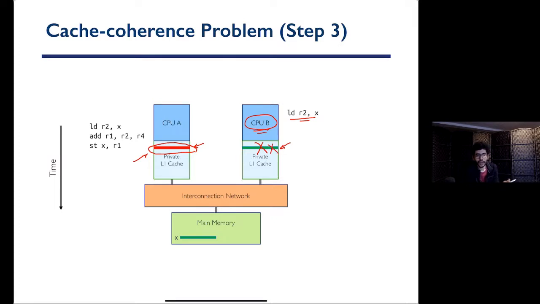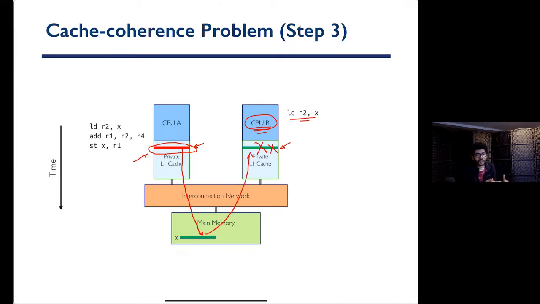You cannot think that this value is valid anymore, and if CPU B wants that data, if CPU B says, okay, now give me the latest version, you need a way to put this data back here and then load it here for CPU B.